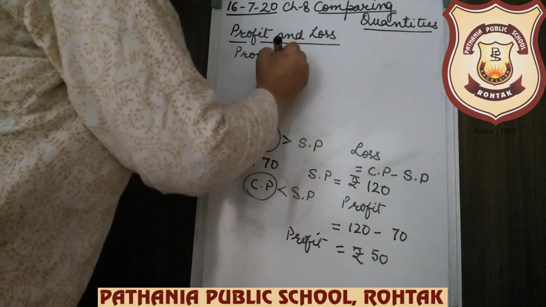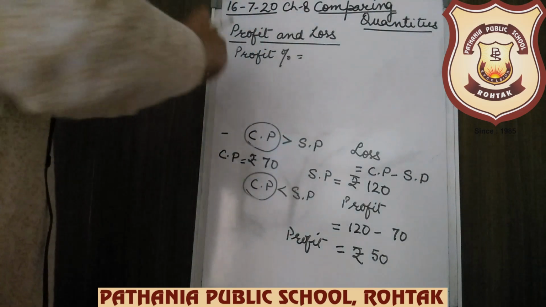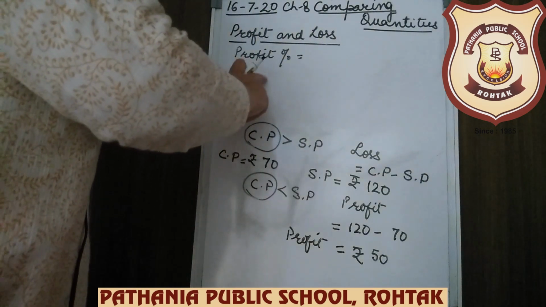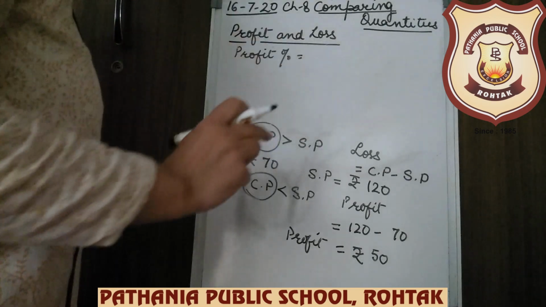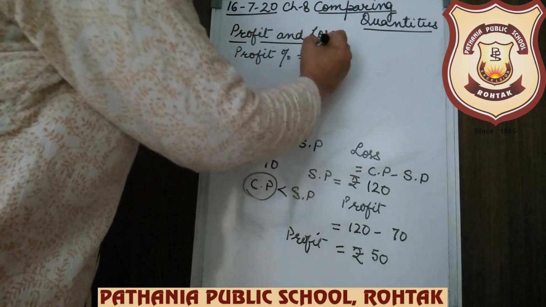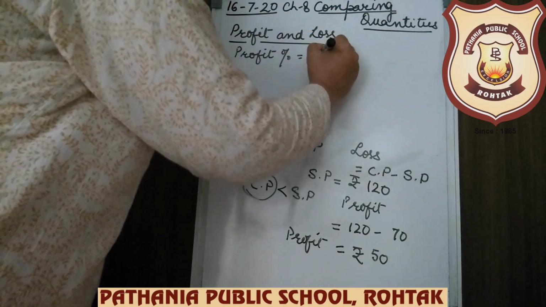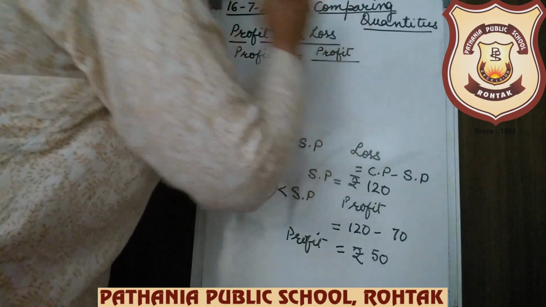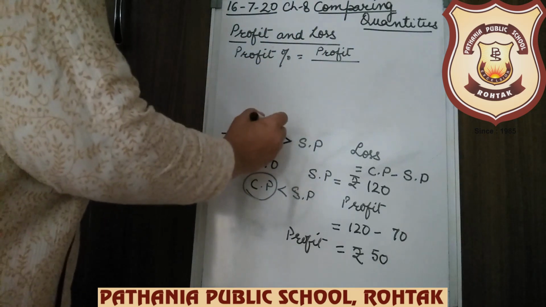Profit percent. Profit is calculated by subtracting the cost price from the selling price. Now there you get the profit, so you have to make the fraction for the profit. So profit upon, you are comparing whether there is profit or loss with CP.